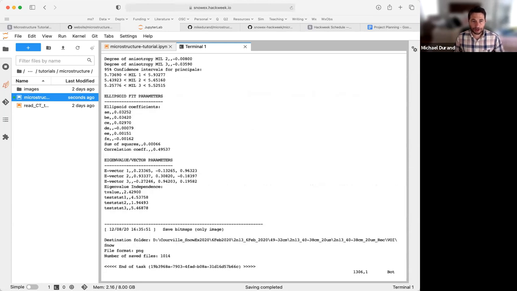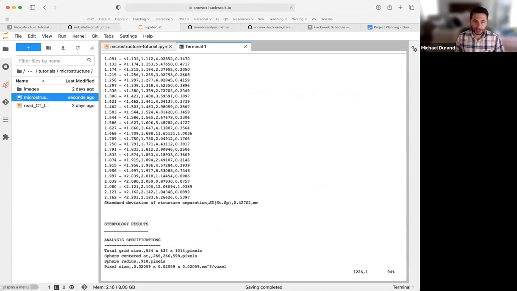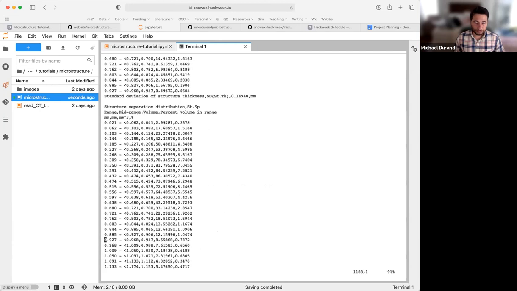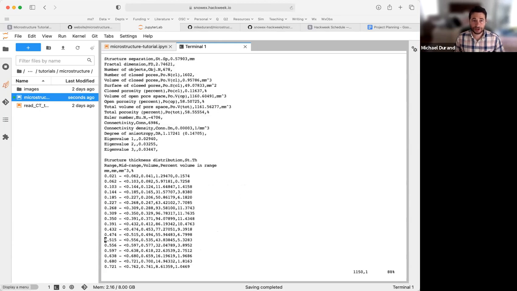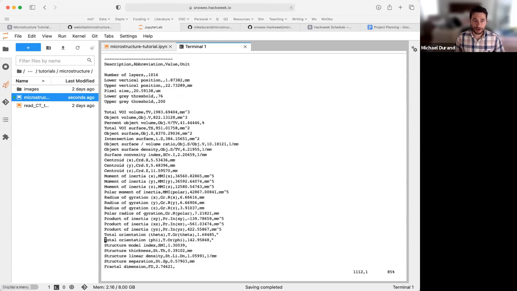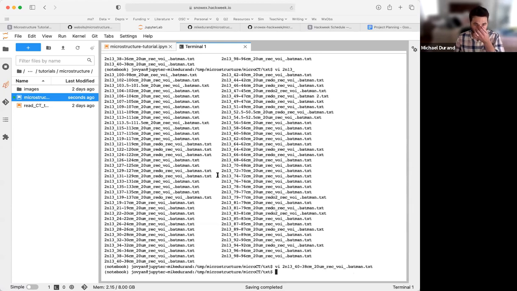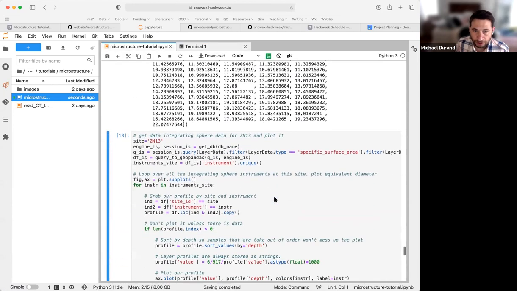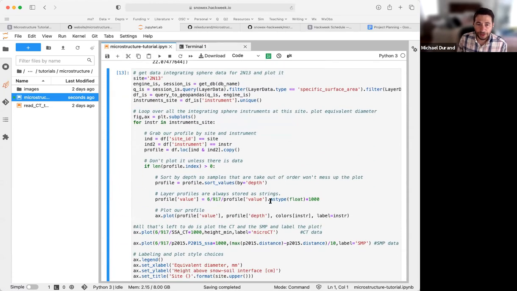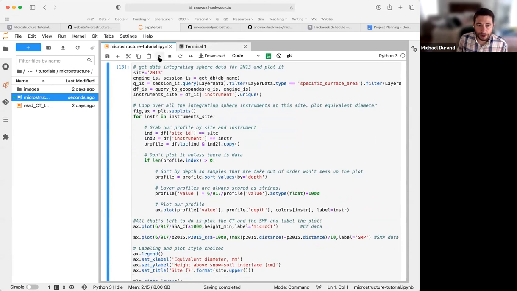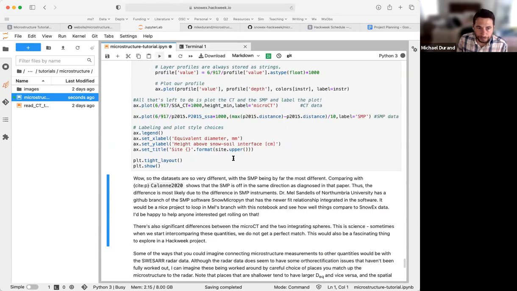It creates a ton of interesting and potentially very useful microstructure parameters. So far, we're just grabbing the surface area to volume ratio, which has to be converted to the metric we use. I just wanted to highlight that there's tons of information in here. For this tutorial, I'm just looking at the specific surface area. So now we're going to plot all of them up.